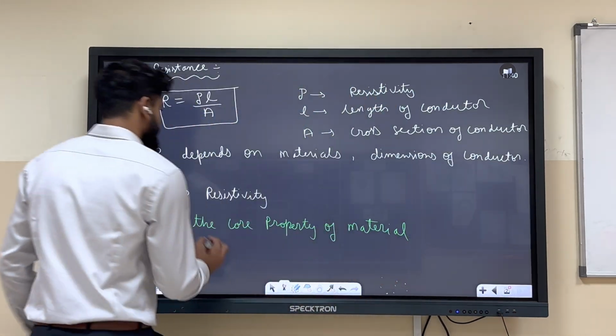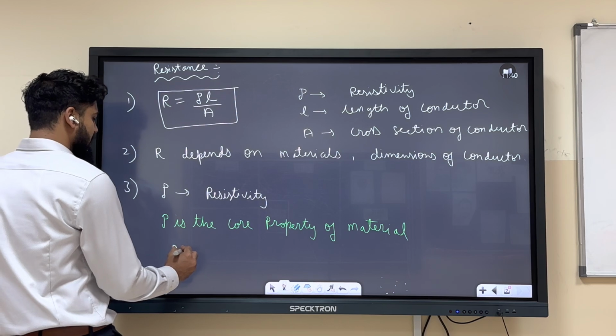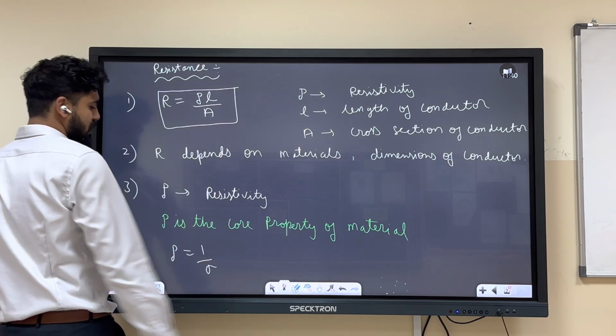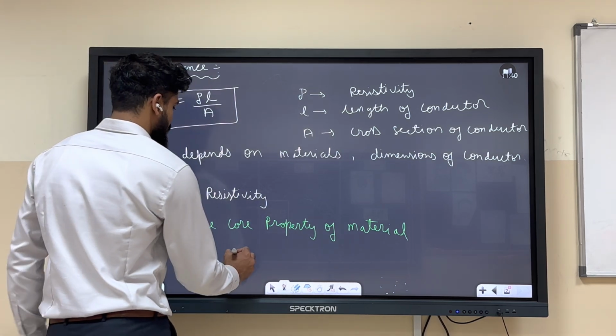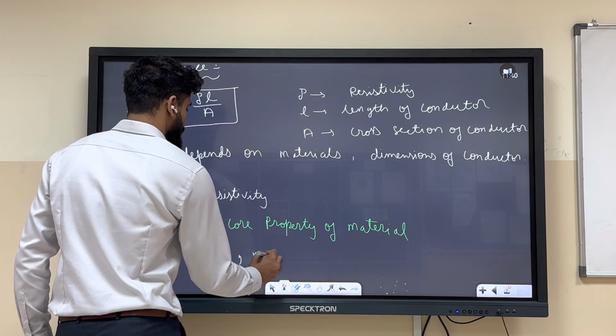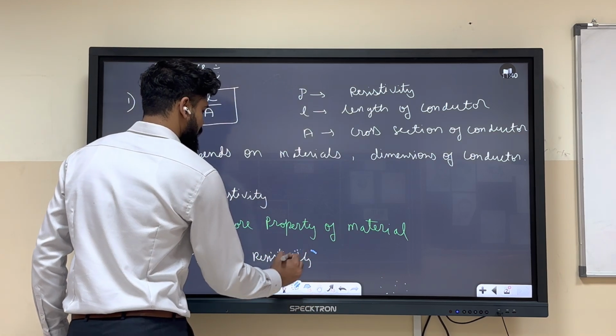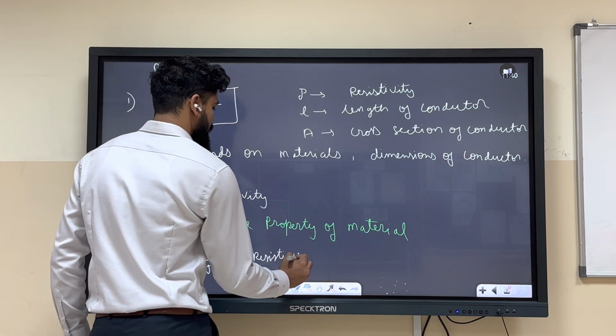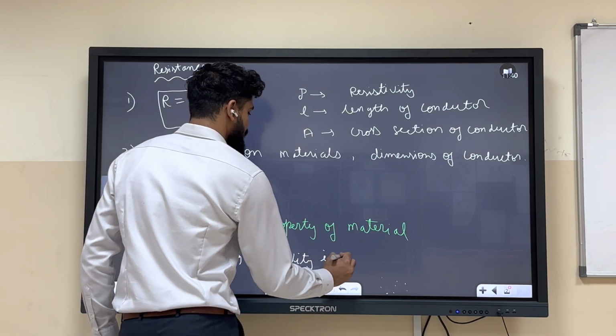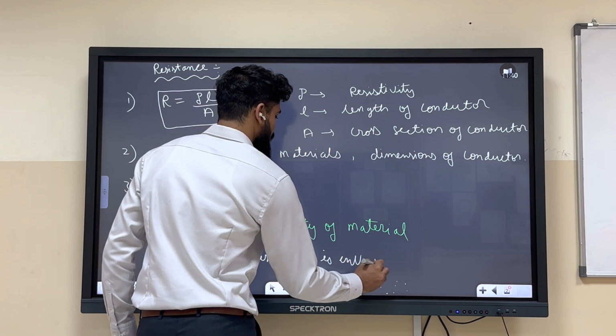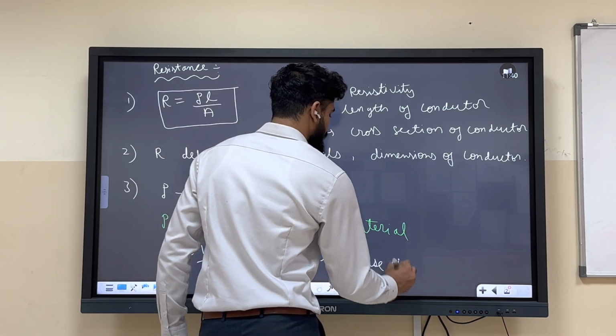Do you know that resistivity is nothing but 1 upon conductivity? Resistivity is the inverse of conductivity.